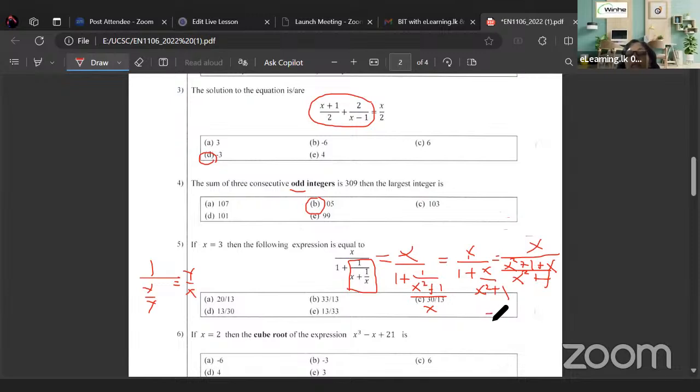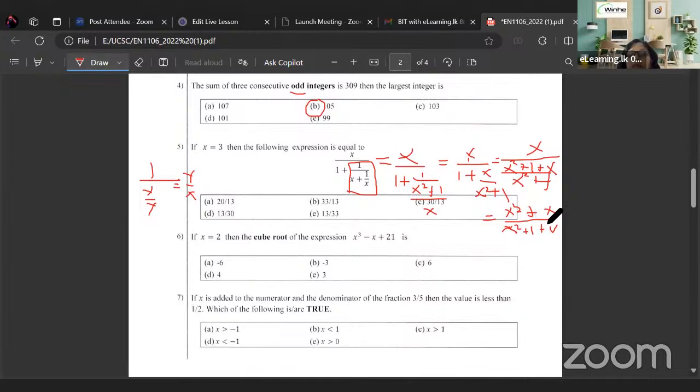Then you will get x cubed plus x as the numerator divided by x squared plus 1 plus x at the denominator.